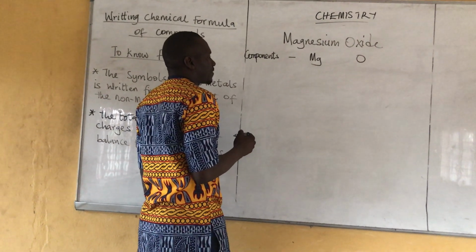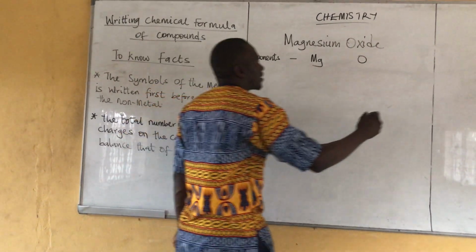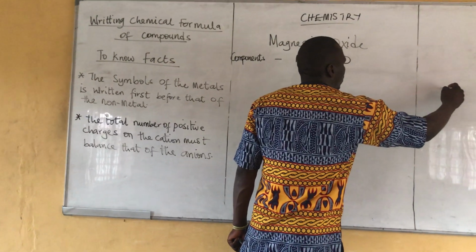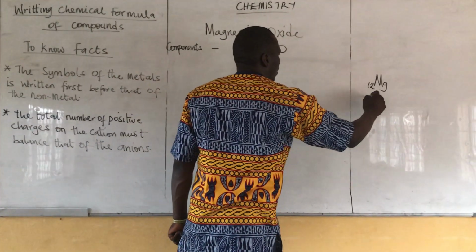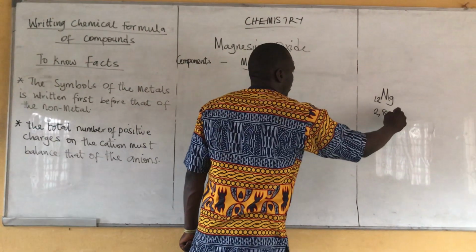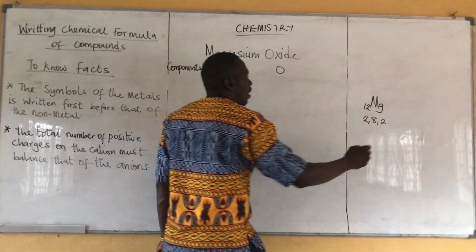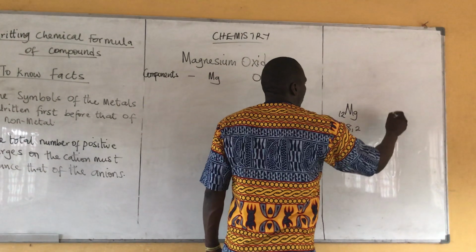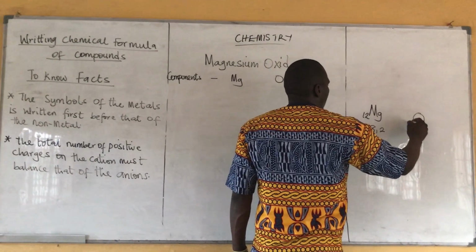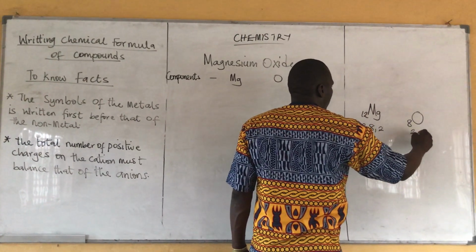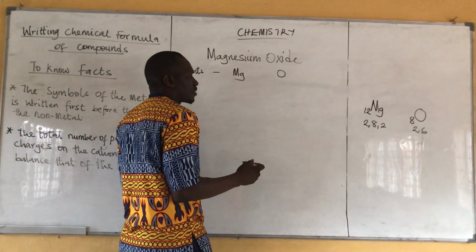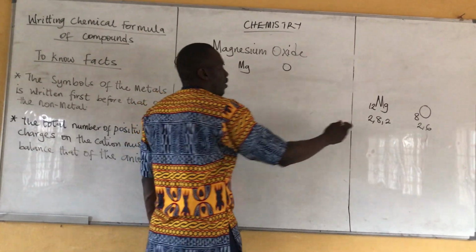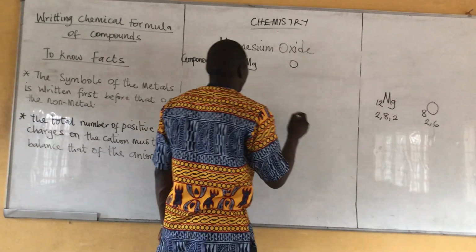Magnesium is the 12th element. If you write the configuration, magnesium being the 12th element, 2, 8, 2, and oxygen, the 8th element, 2, 6. From the previous knowledge, we know that magnesium is in group 2.